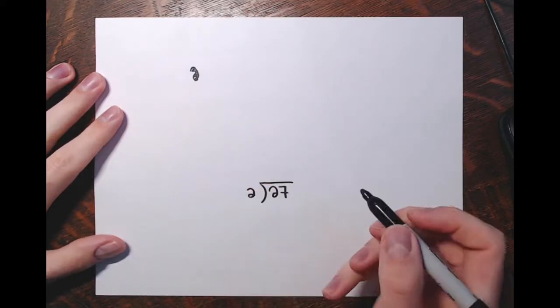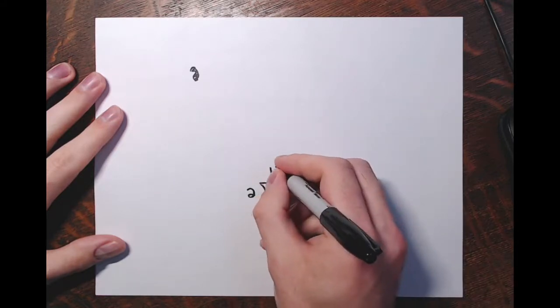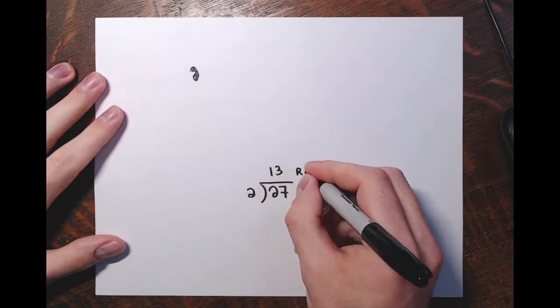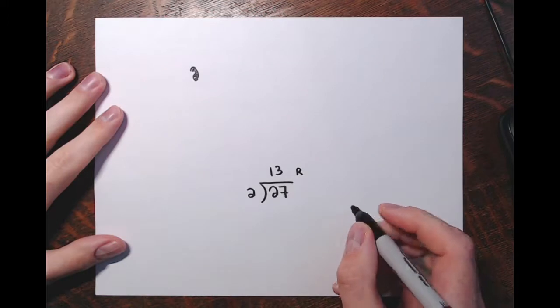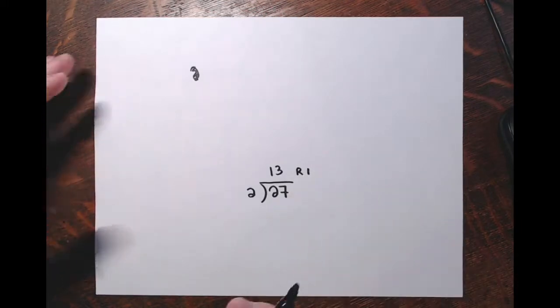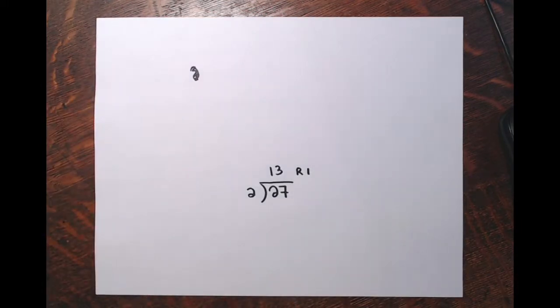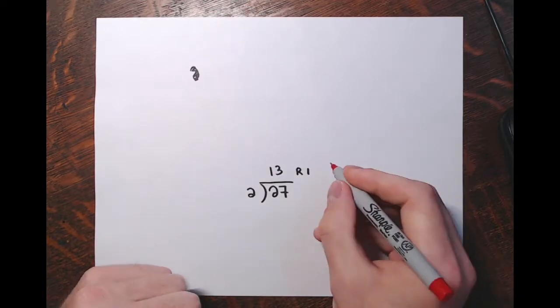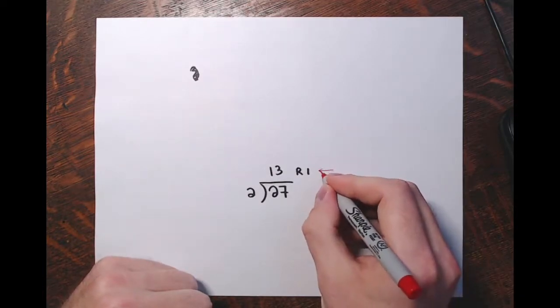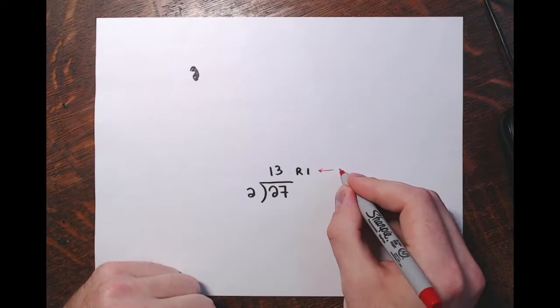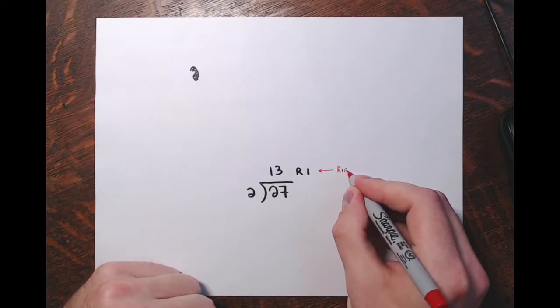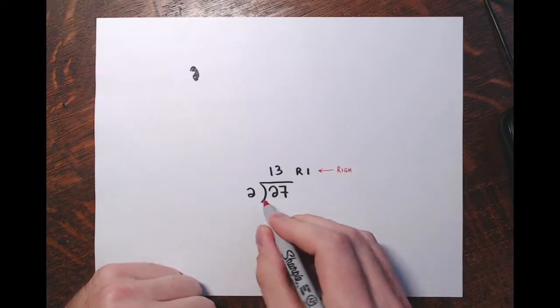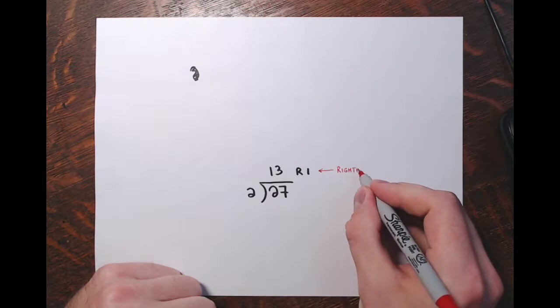How many times does 2 go into 27? That'd be 13, with what remainder? That would be a remainder of 1. And if you recall from the end of the last video, again before it cut off in part 1, this remainder of 1 here is going to be the rightmost digit in my binary representation of the number 27.